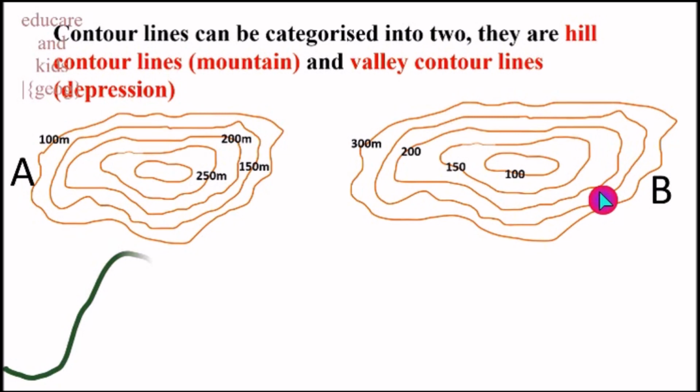The highest to the lowest. So this is very important for you to understand. Just at a glance of a contour line, you should be able to determine whether the contour line is representing a mountain or a valley.